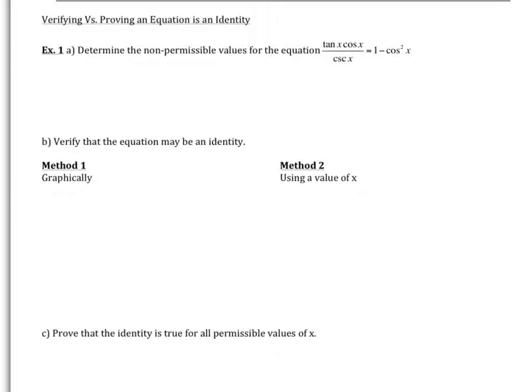But before we start doing any of that, we of course have to state our non-permissible values. So let's go to this very first example. Considering that we have tan x in my numerator, I know that tan x must exist. So that's going to eliminate some x values.